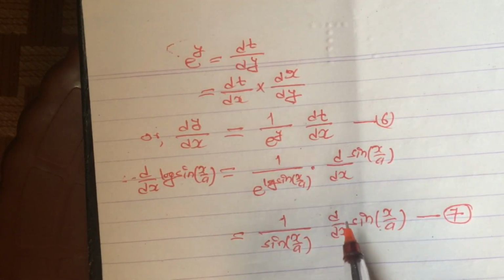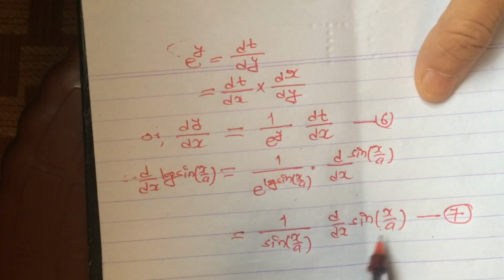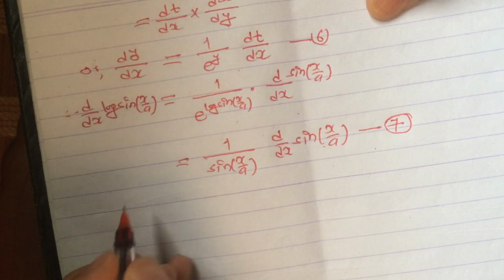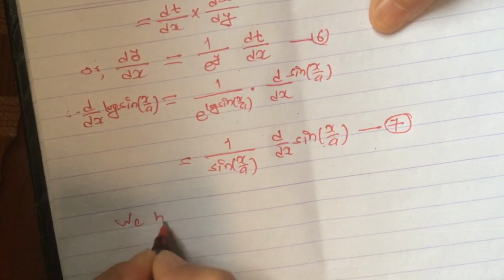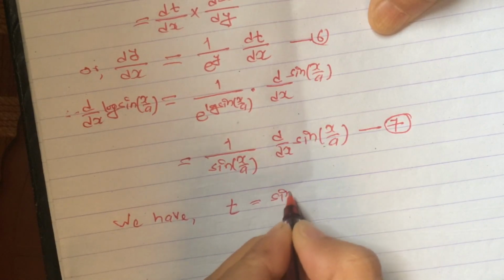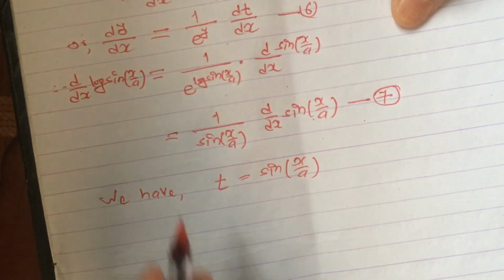Now from here we also have to find out the value for this term, d of sine x by a by dx. For that, we have t is equal to sine of x by a.